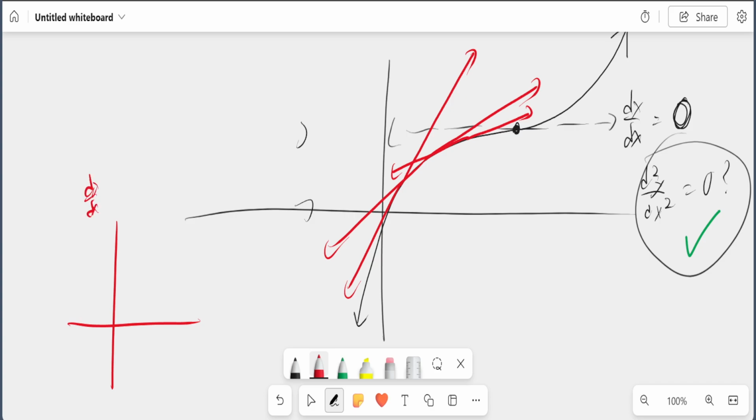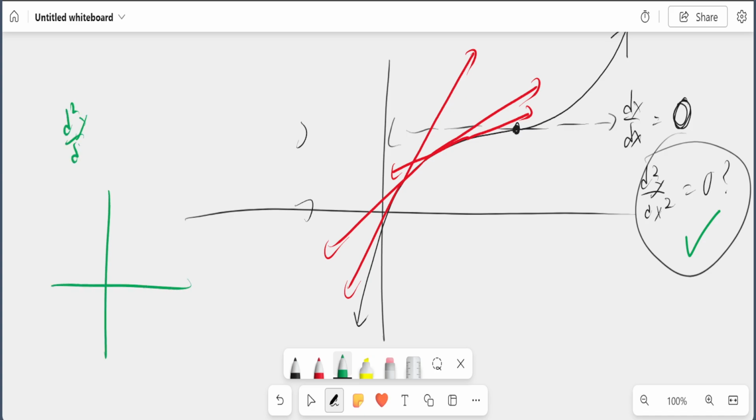If our slopes are decreasing, then d squared y, I'll do green. So our double derivative, our change in our slopes, is negative in that range, right? I'll just draw a single point. It's negative in that range. Correct. Now, if I look at the tangent lines after, what's happening to them?